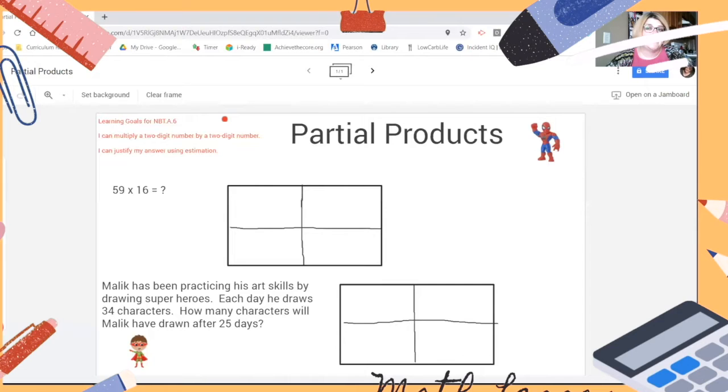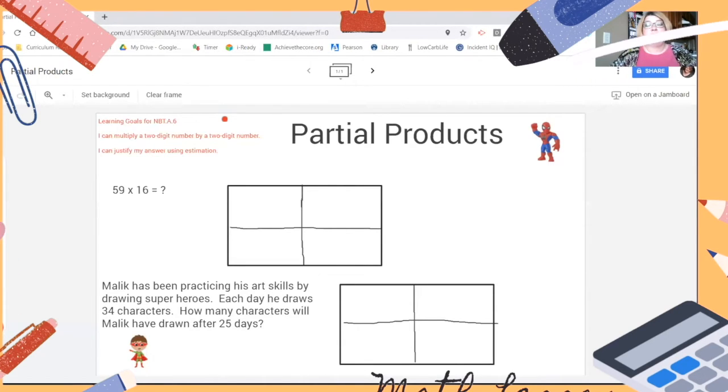We're going to go ahead and get started with 59 times 16, but let's go back to that learning target, and one of the things that we want to do first is we are going to estimate what our answer is going to be. When I estimate my answer, I like to think of it in terms of a number line. And where is that number placed on the number line?